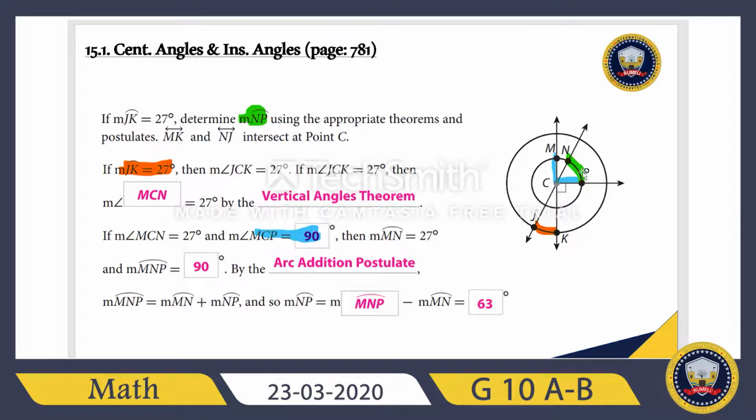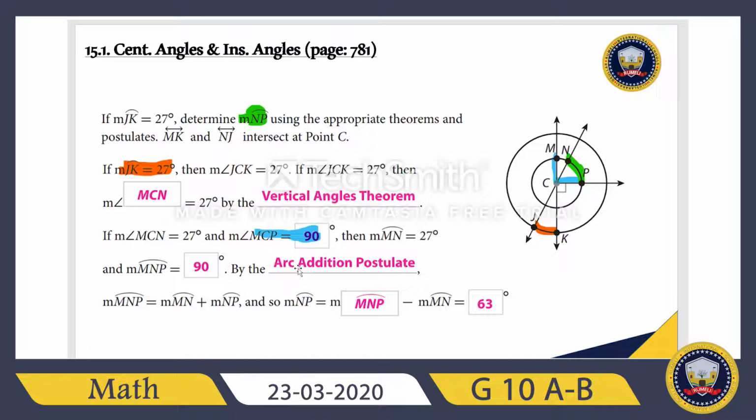It is 90 degrees, this total, which is MCP, minus the angle MCN, which is 27. So 90 minus 27 is 63 degrees. The angle NCP has 63 degrees. Now, what is the measure of the arc NP? The arc NP has a measure equal to the angle NCP, which is 63 degrees.